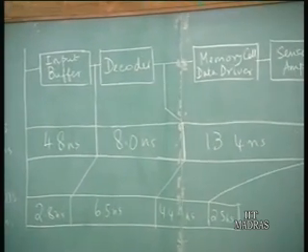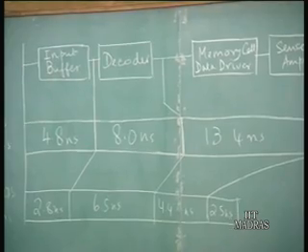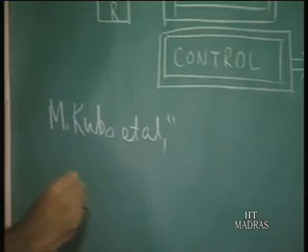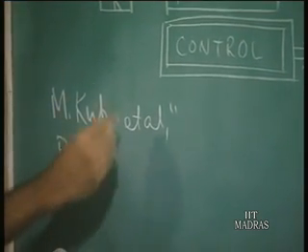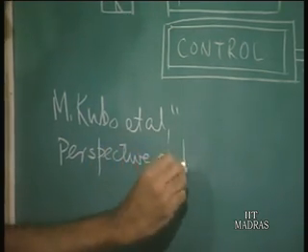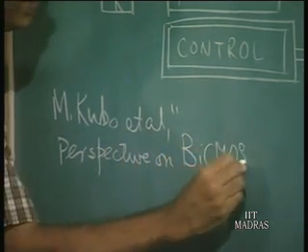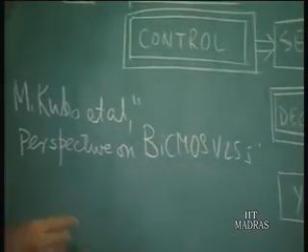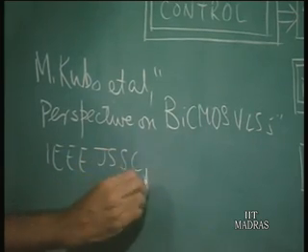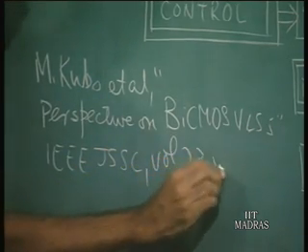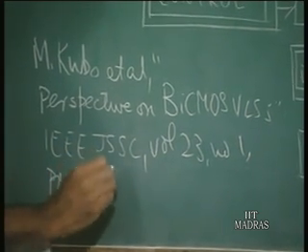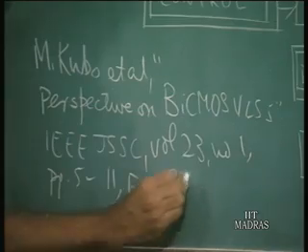The reference is M. Kubo et al. The name of the paper is Perspective on BiCMOS VLSI, IEEE Journal of Solid State Circuits, volume 23, number 1, page 5 to 11, February 1988.